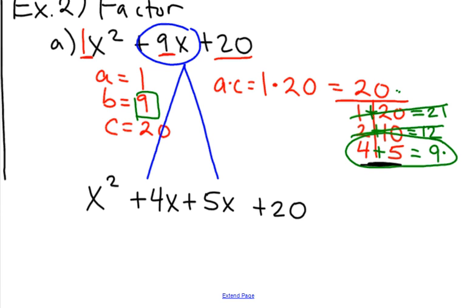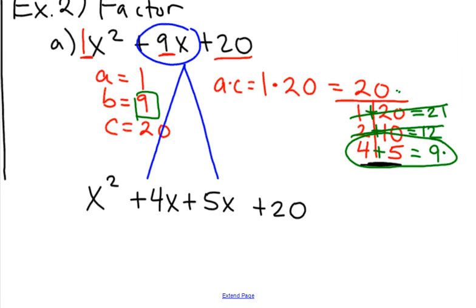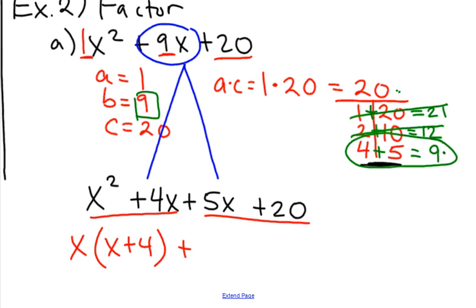Now, once you've done that, the last step is to factor by grouping, because now we have 4 terms, and that's how we factor by grouping, is with 4 terms. So just a reminder of how to factor by grouping. My first pair, you look for the GCF, that's x. Factor that out and you get x plus 4. My second pair, the GCF is 5.